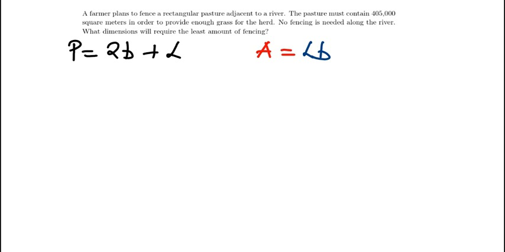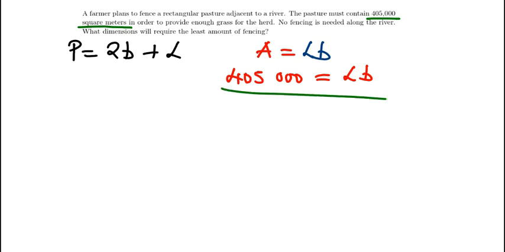What information do we have? We've been told we need to have an area of that much. So the area is 405,000, and then we have our L times B there. Now from this formula we can make one of them the subject. Let me make the length the subject.